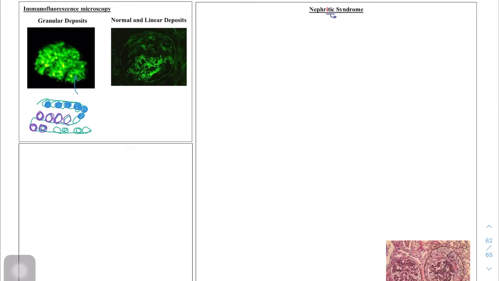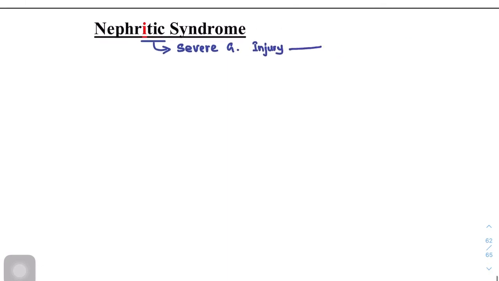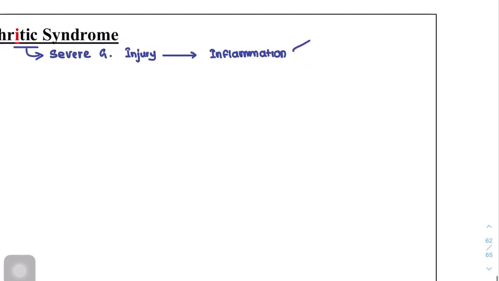Next, we are going to start off with nephritic syndrome. What is nephritic syndrome? It is when there is severe glomerular injury that leads to inflammation. And remember what happens in inflammation? First, edema.